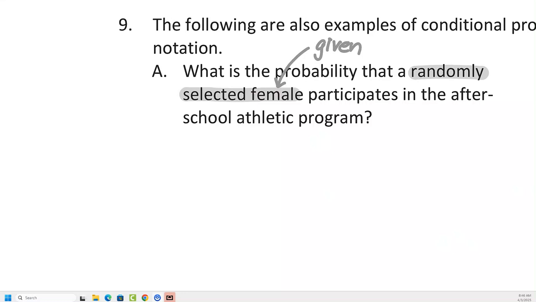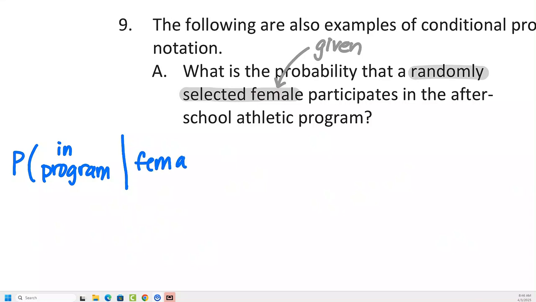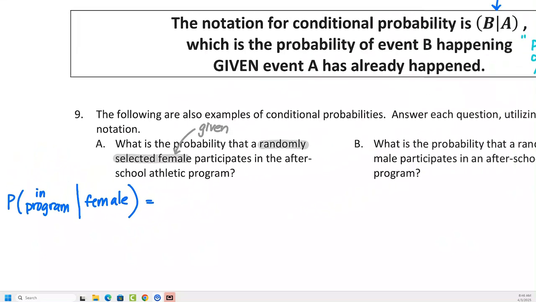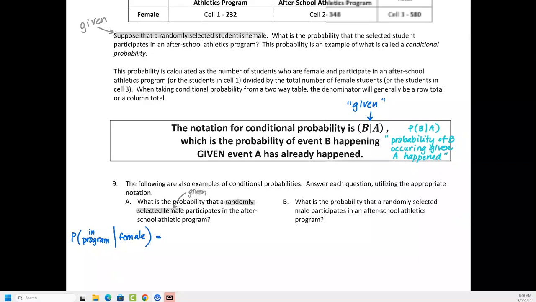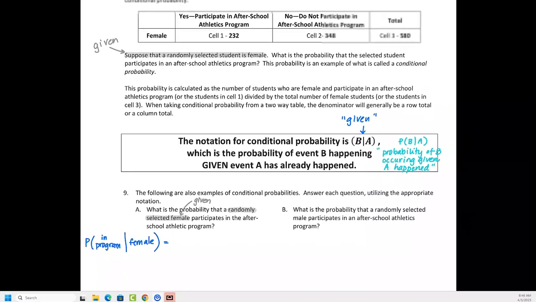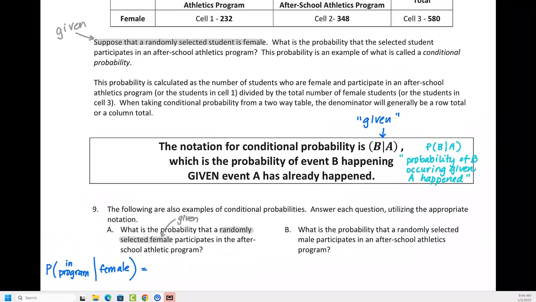I'm going to go way off to the left edge, and I'm going to say, okay, what's the probability that they are in the after-school program? I'm just going to say in program, given that they were female. So let's come up here and just look at this table.